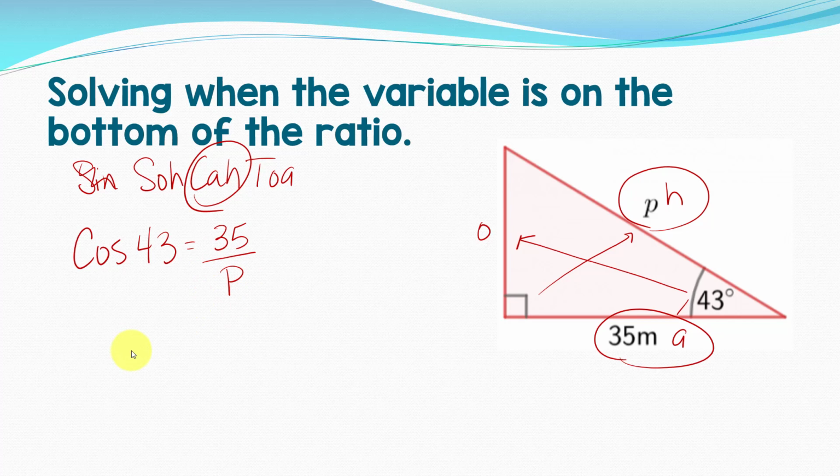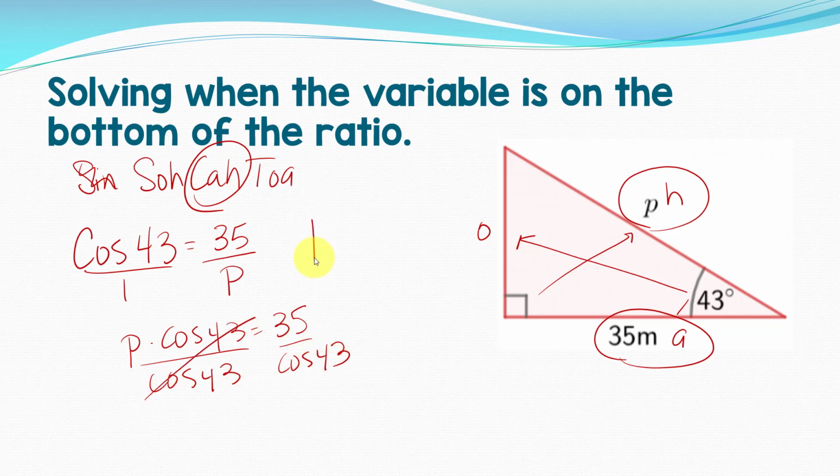So let's look at this. In order to solve this, let's think of this as a cross multiply situation. So I would say p times cosine 43 equals 35. But I need to get p by itself, so that means I would need to divide by cosine 43.